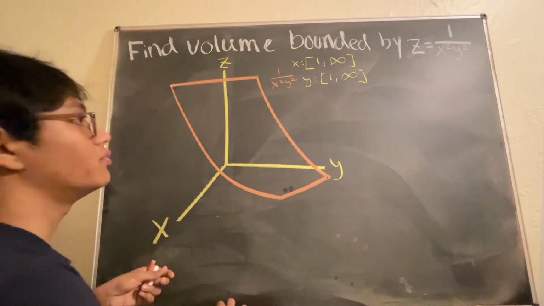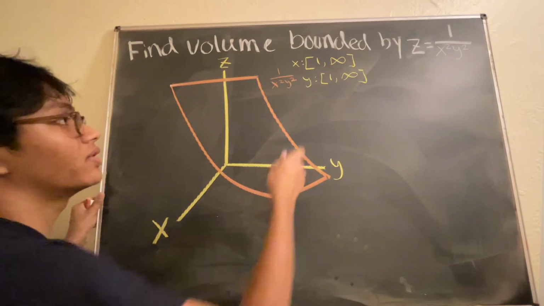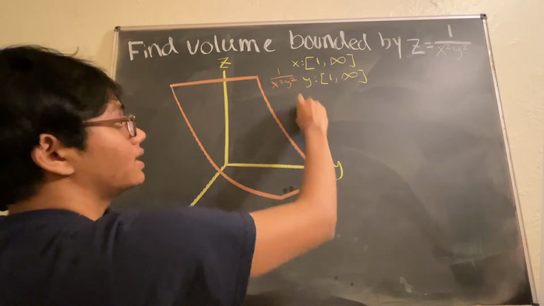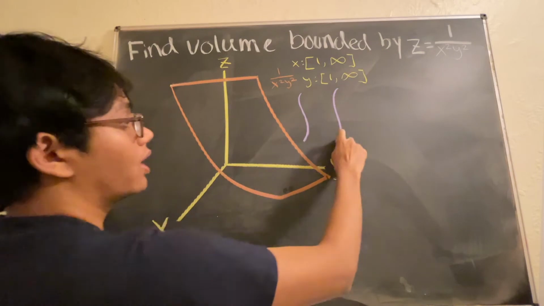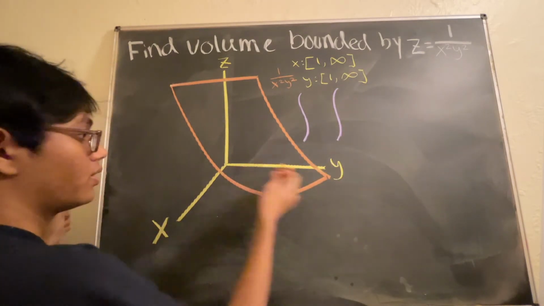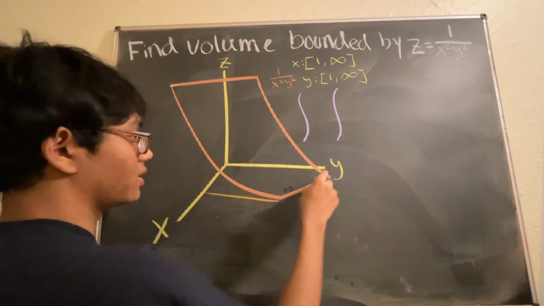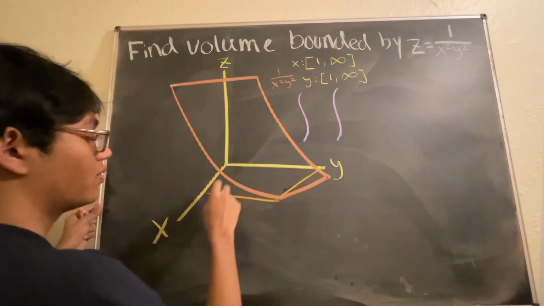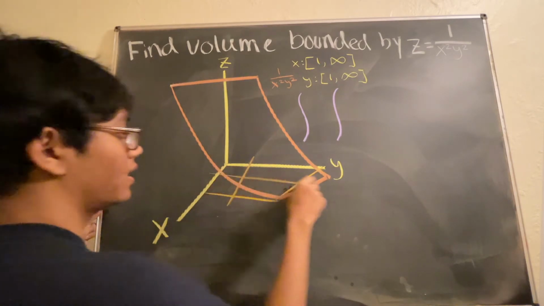So how do we begin? Well, we already know the limits of integration are going to be 1 and infinity, and since our region R on the xy plane is a square, essentially, it goes from 1 to infinity for both x and y.